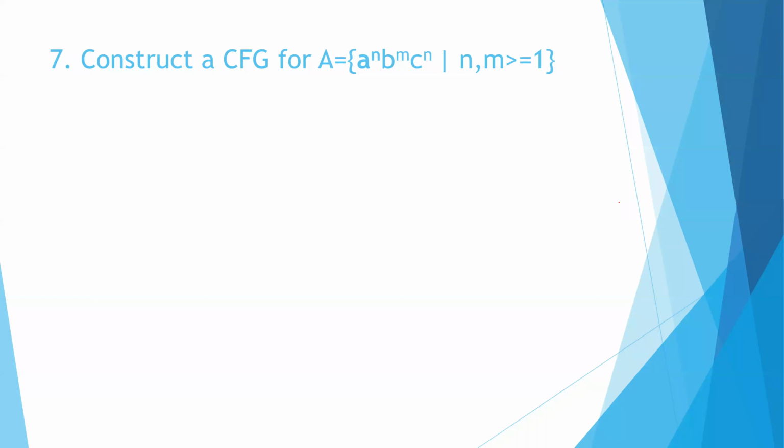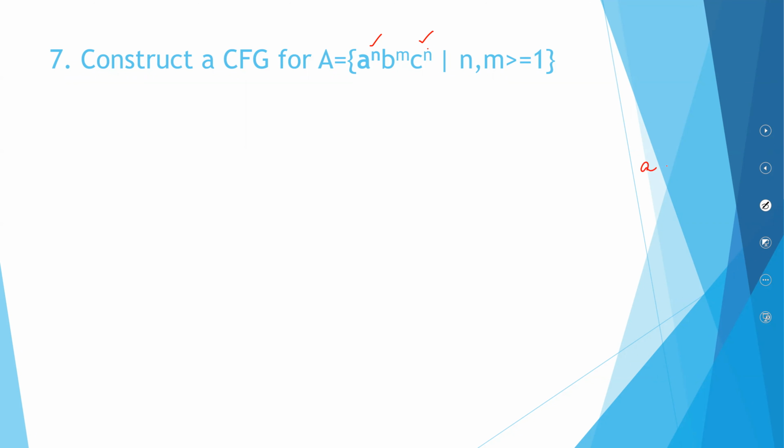Okay, now we'll go for another grammar. A raised to N, B raised to M, C raised to N, which means the number of A's and the number of C's should be the same. And then B, you're not bothered. Any number of B's can happen.